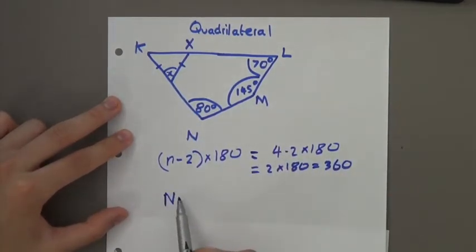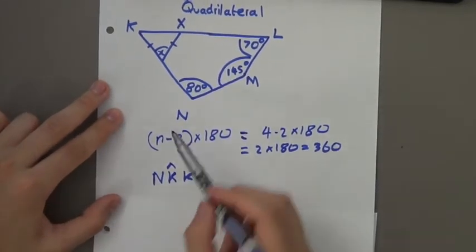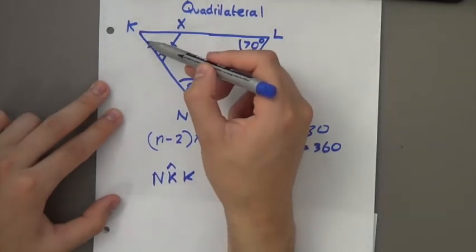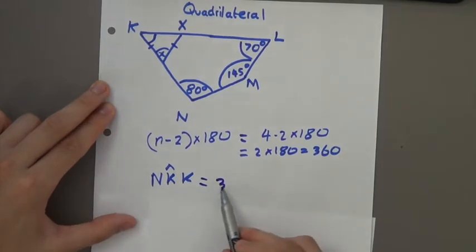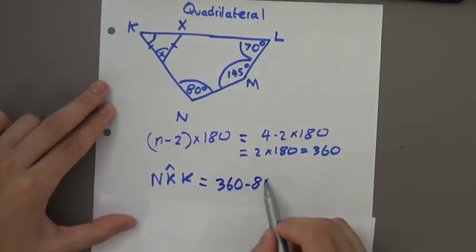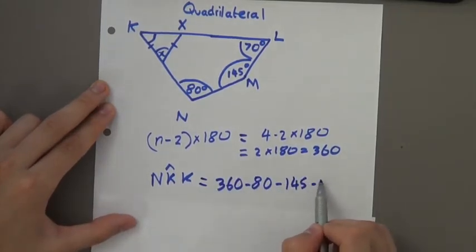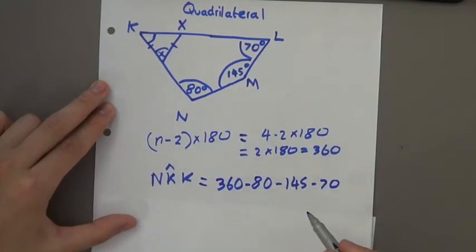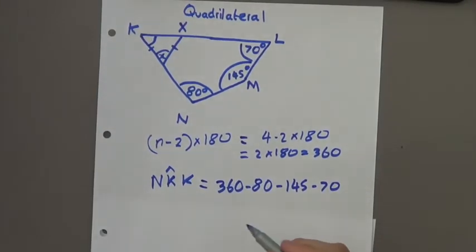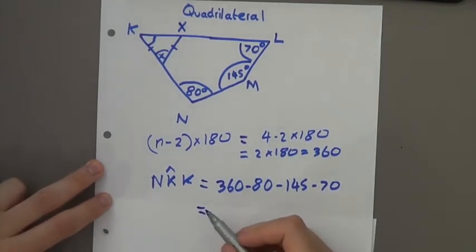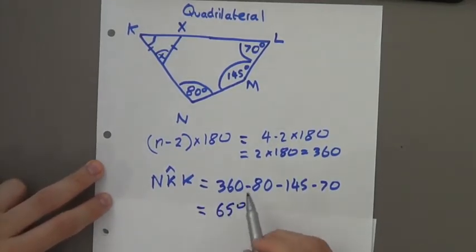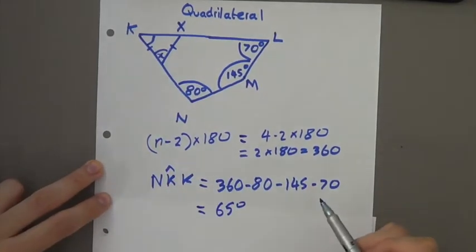I'm going to call this angle NKL, which is this angle here. NKL has to equal 360 minus 80 minus 145 minus 70. If you do that sum on your calculator, it gives you 65 degrees.